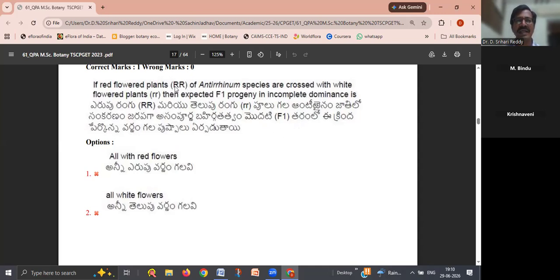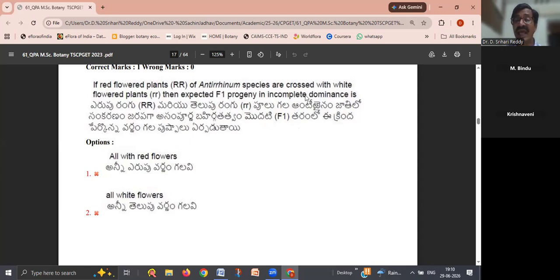The capital genotype produces capital as a gamete, and from the smaller parent, the gamete is smaller only. Then the F1 progeny will be capital R and small r.